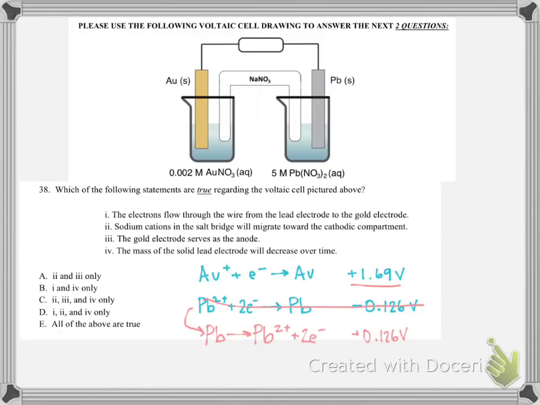To get our overall cell potential under standard conditions, we will just add those together. And we get this cell potential of positive 1.816 volts. Okay, so now we know that the lead side is going to be our anode.